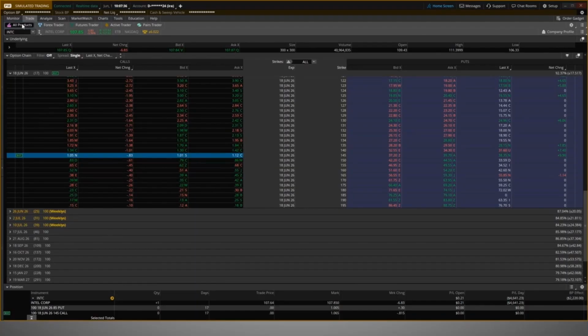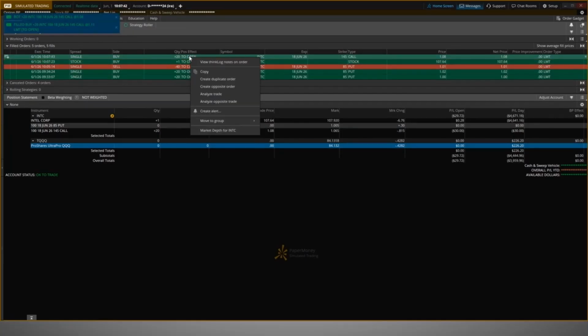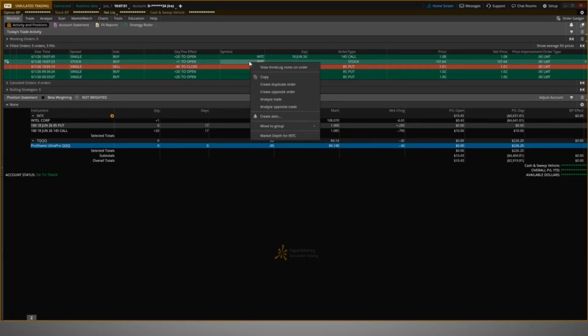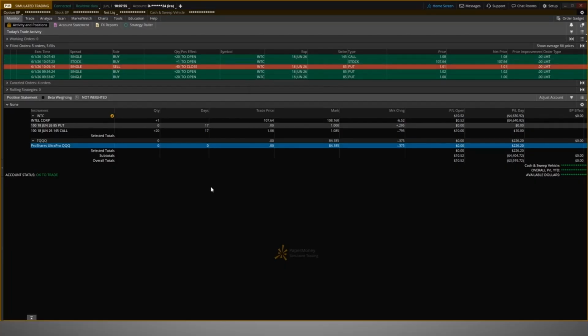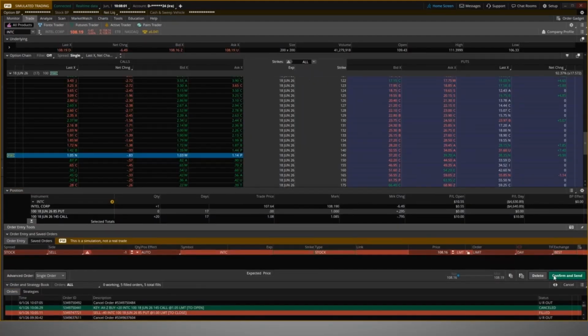And the one stock, as you can see right there, I need to close that position as soon as possible. Alright, I'm going to close the one stock.